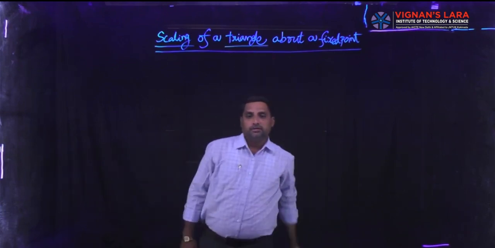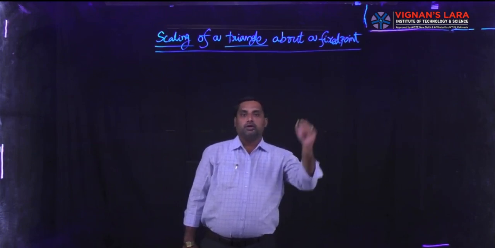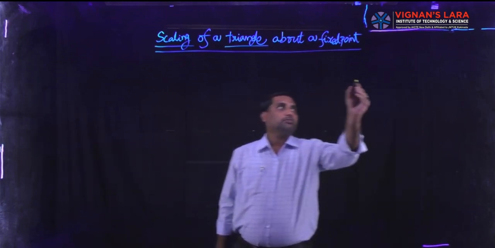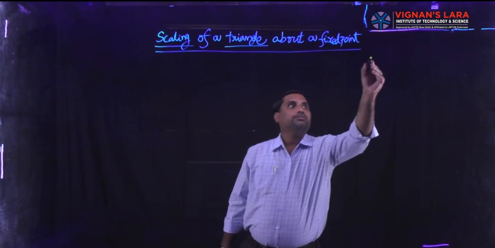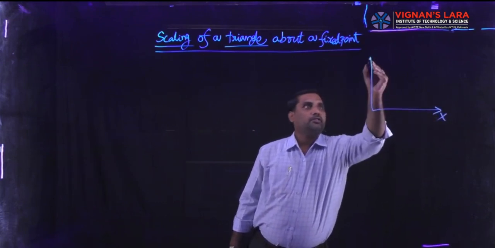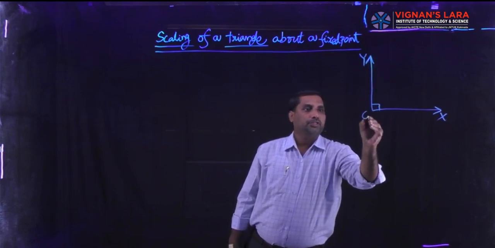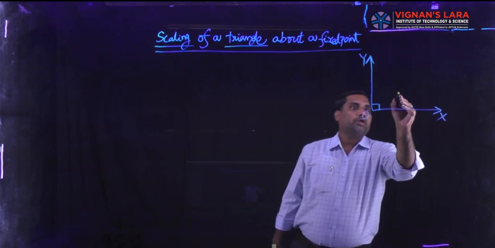I will draw the two-dimensional view of the triangle along with the 2D coordinate system. This is the x-axis and this one is the y-axis. This is the origin. Now I am drawing a triangle here.